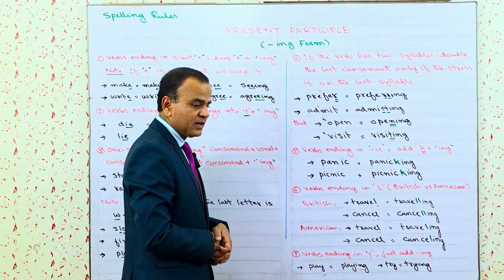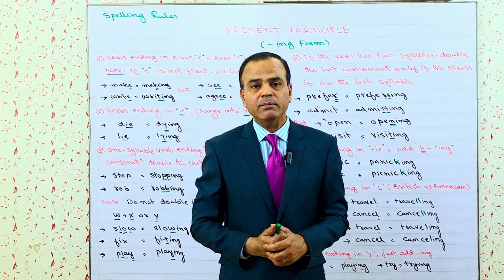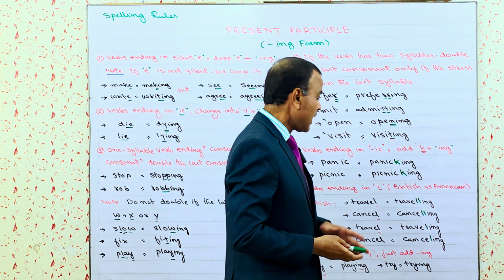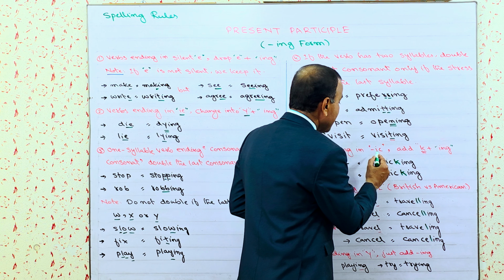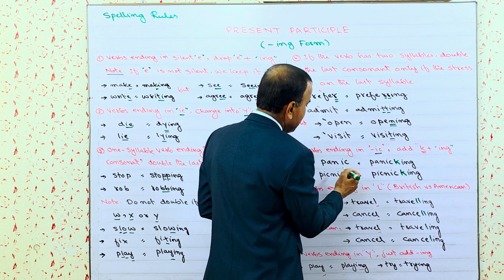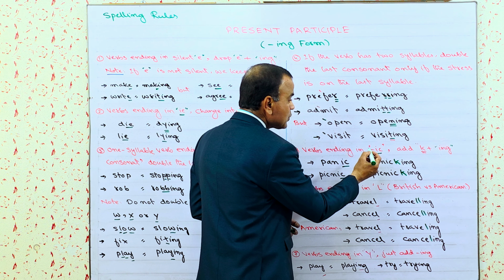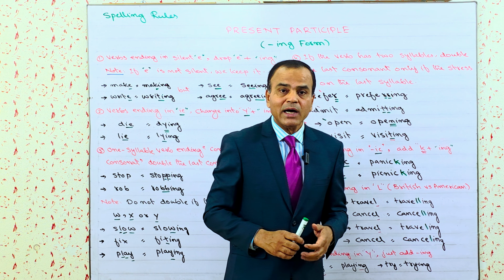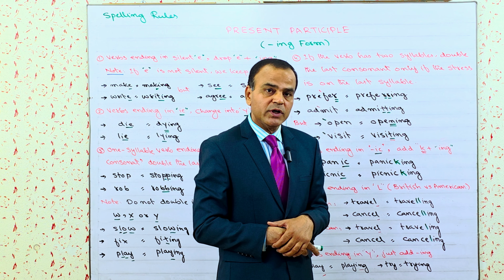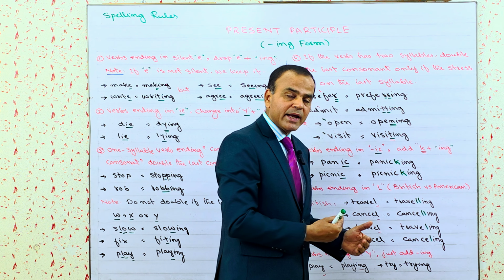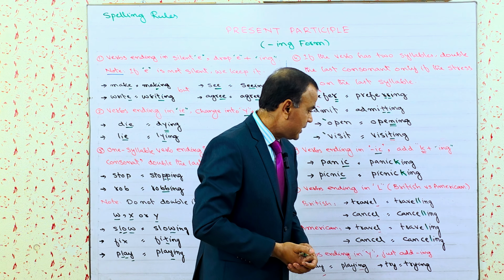Rule number 5 is very interesting. You must have done that many times, but may never have noticed that if your verb ends in IC, like panic, picnic, and you are making the ing form of such a verb, then you will have to add one extra letter, that is K, and then you will add ing.